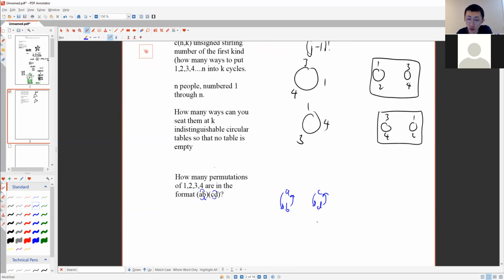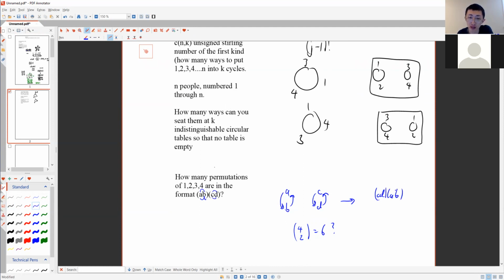So why isn't it 4 choose 2 equals 6? Remember, I said this was the same as if I put it like (C D)(A B).